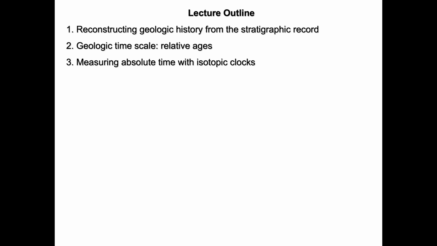And we'll talk about measuring absolute time with isotopic clocks. These are radiogenic isotopes that decay at a precise rate. That precise rate of decay or half-life allows us to determine precisely when something happened in the geologic past. So we'll talk about absolute ages and what they have done for our understanding of the Earth.